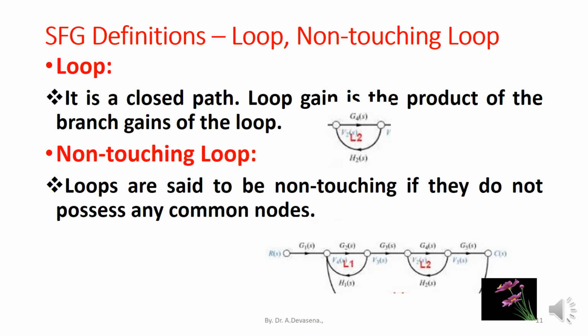In this diagram, the loop L1 has a gain G2(s) H1(s), and loop 2 has a gain G4(s) H2(s). The loops L1 and L2 are said to be non-touching because in this diagram the two loops do not have any common nodes. That is why it is called a non-touching loop.